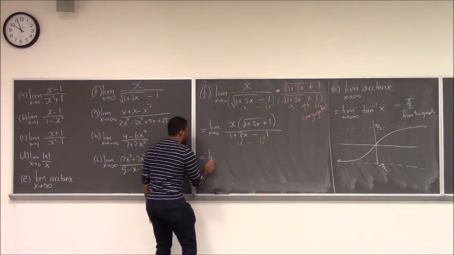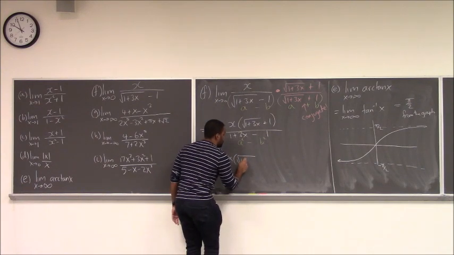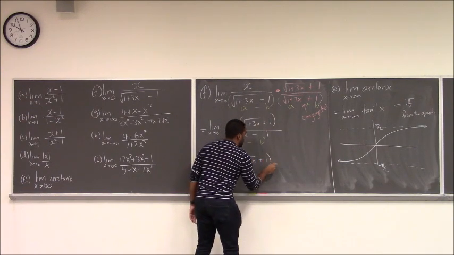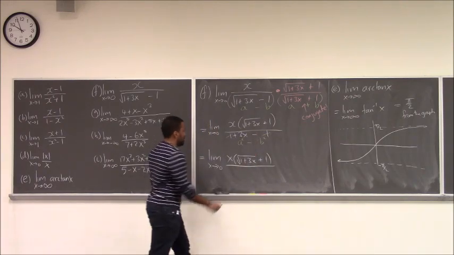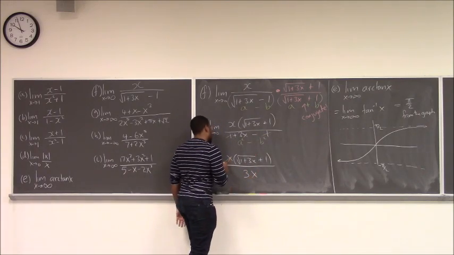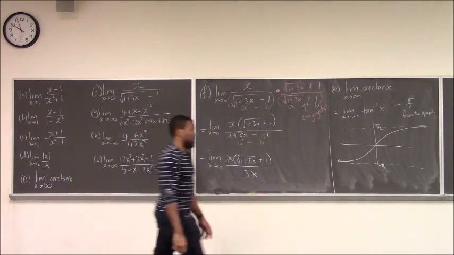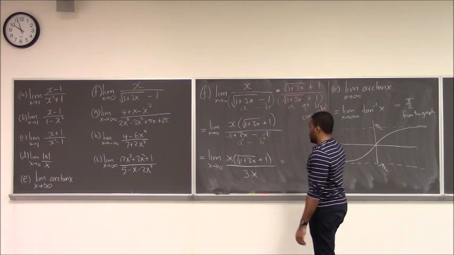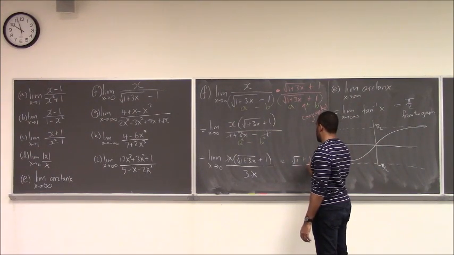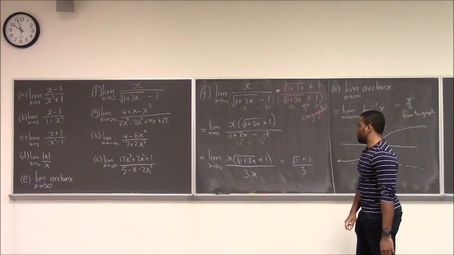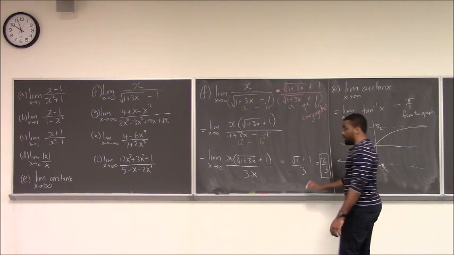And so now, the 1 cancels the 1, minus 1. Here we have 3x, the x's will cancel the x, and now we can actually plug in 0. So that would just become the square root of 1 plus 1 over 3. So 2/3 is the answer.